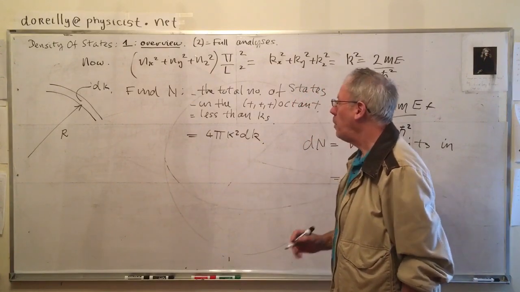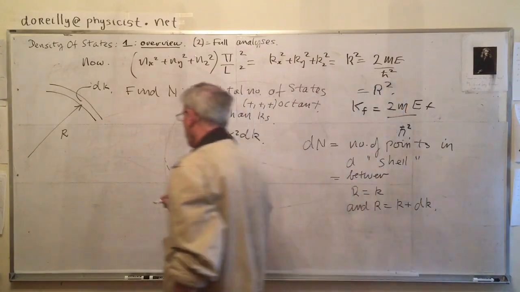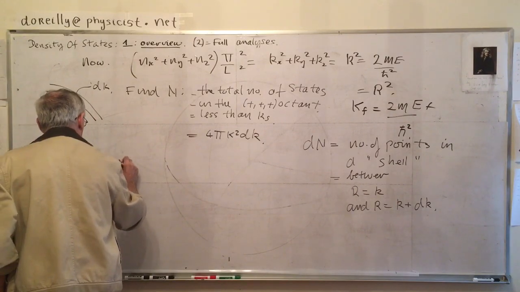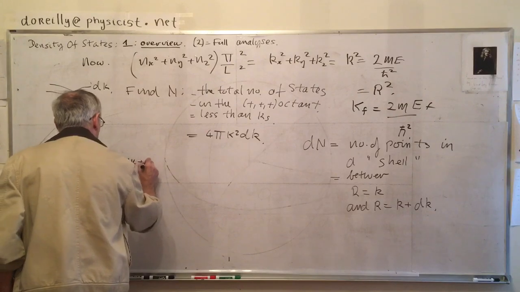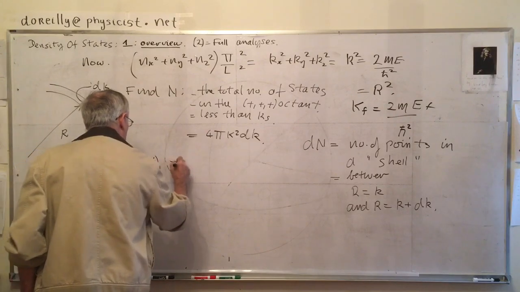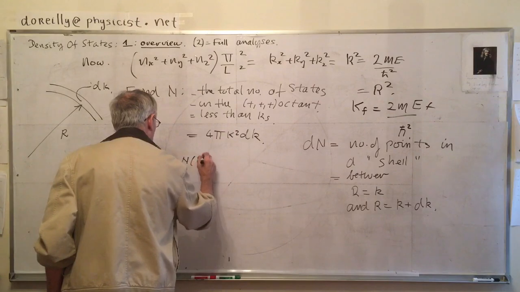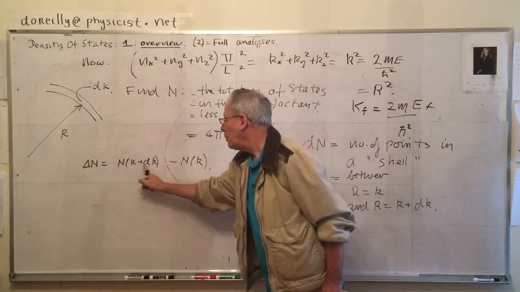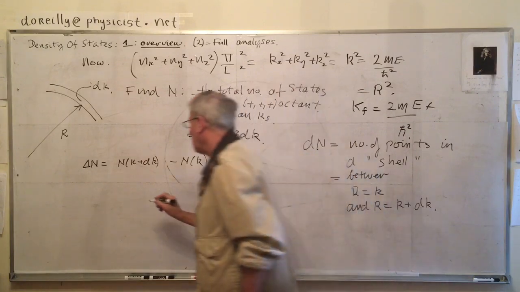If we take the number of points inside k, and subtract that from the number inside k plus dk, we get the following.